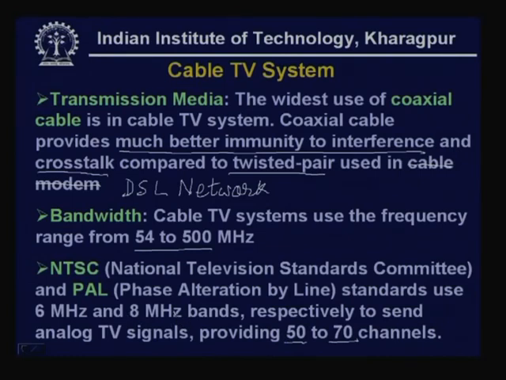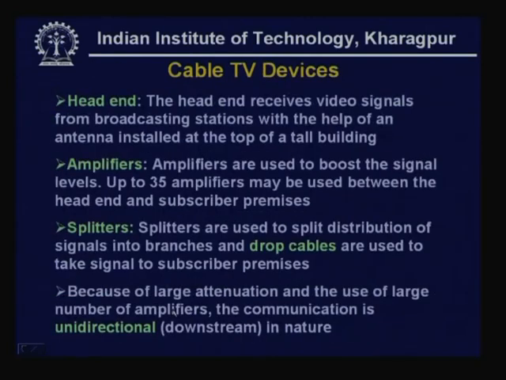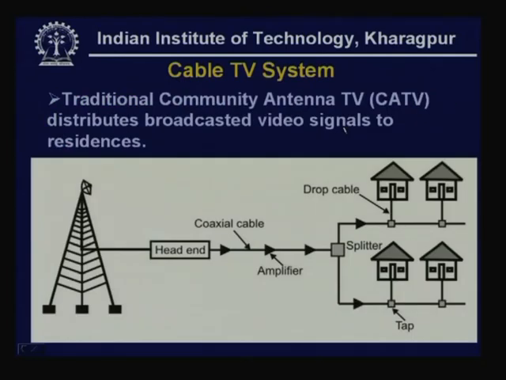So, these are the two popular standards, and as you have seen in the diagram, there are three important devices used in cable TV. The first one was the head end. The head end receives the video signals from the broadcasting stations with the help of an antenna installed at the top of a tall building. As you have seen in this diagram, here I have shown a tower.